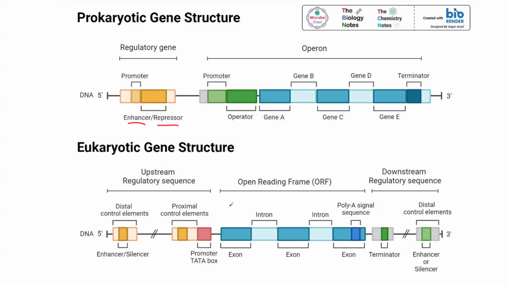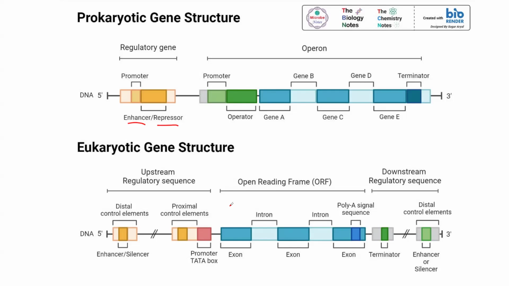Exons are the coding region of the gene, while introns are non-coding, so usually there is splicing. There is also a poly-A tail sequence, which aids in the stabilization of RNA.